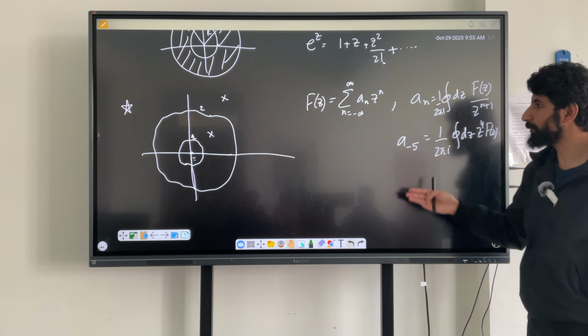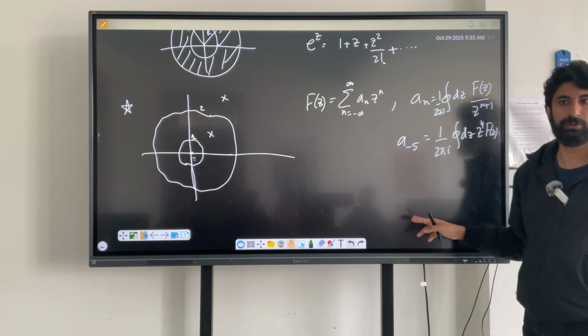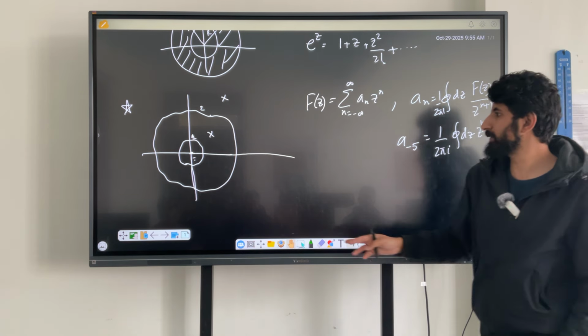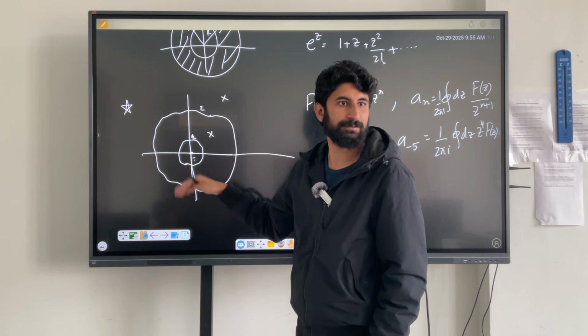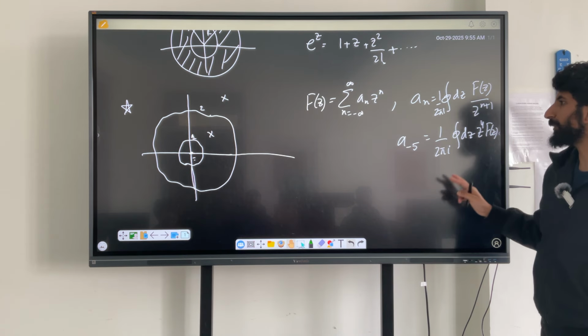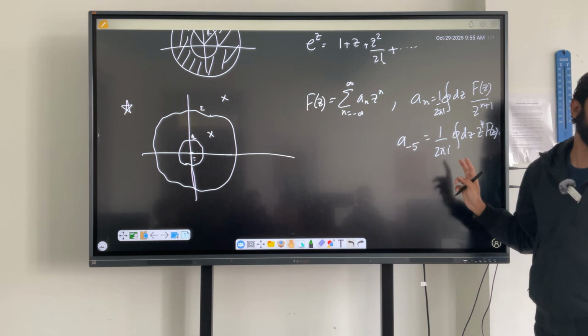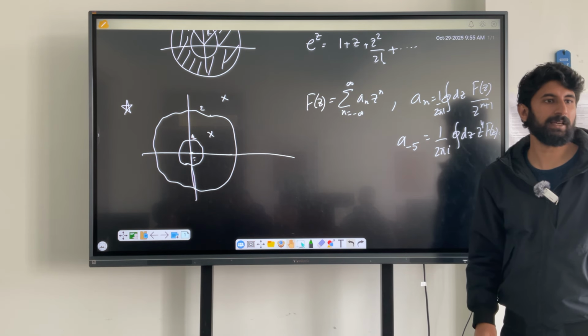So it means if I use loop 1, all negative coefficients will give you 0, right? Which is expected because this function is analytic within this loop, right? But if I use loop 2 to do this, it might not be 0. It might not be 0. So do you see what I am trying to say?